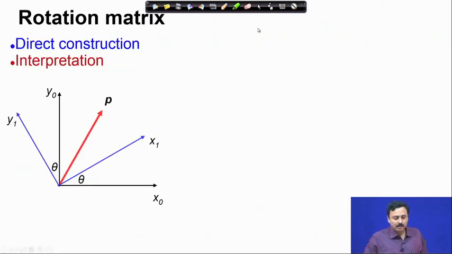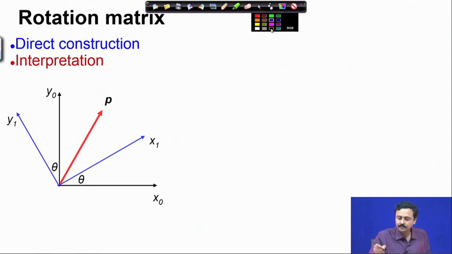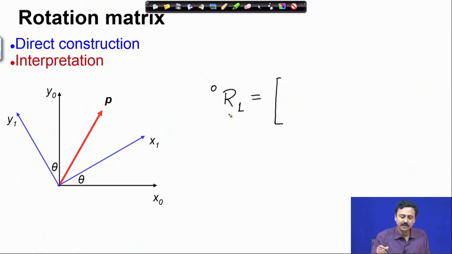Let us look at the direct construction once again. When I want to represent frame 1 in frame 0, that is R from 1 to 0. This rotation matrix takes me from frame 1 to frame 0, so I must represent the axes of frame 1 in frame 0. The first column is the representation of the x 1 axis in frame 0, which is cosine theta sin theta.